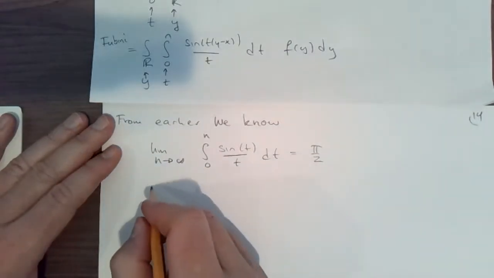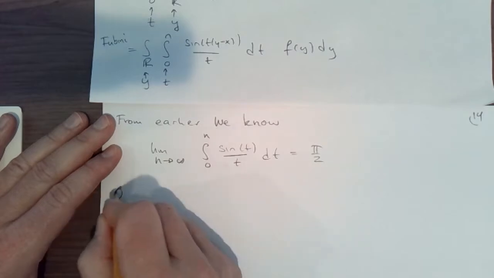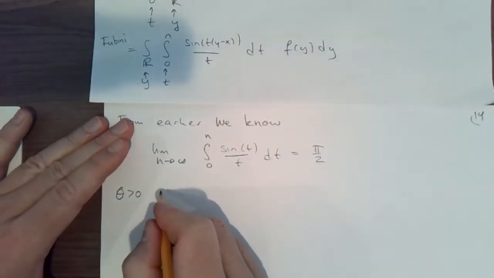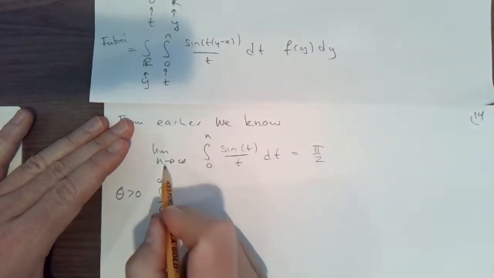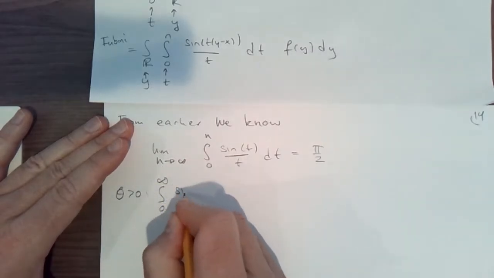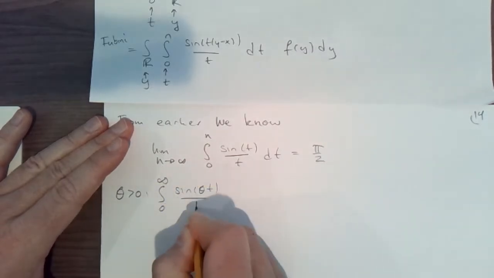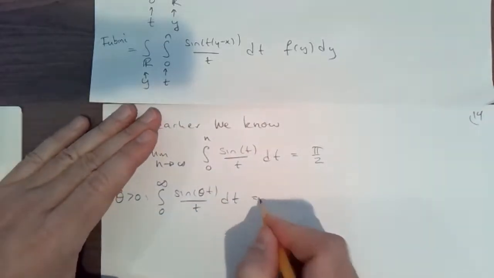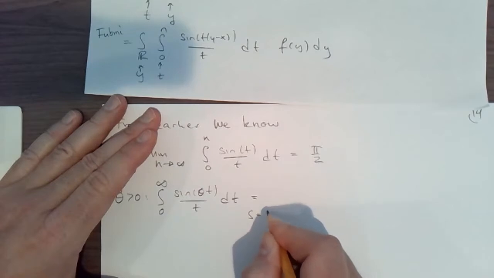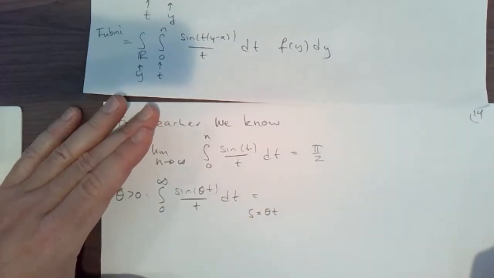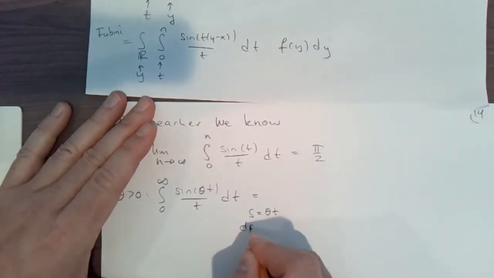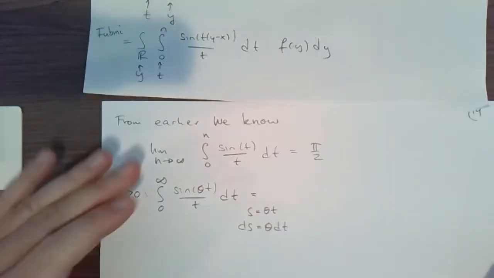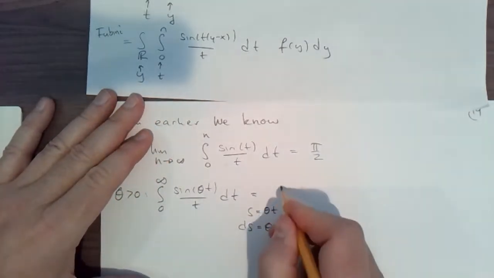So if I take a positive θ and look at the integral from 0 to infinity, understood in this sense, of sine θt divided by t, what I would do is a substitution. I'll substitute s equals θt, so ds is equal to θ dt.